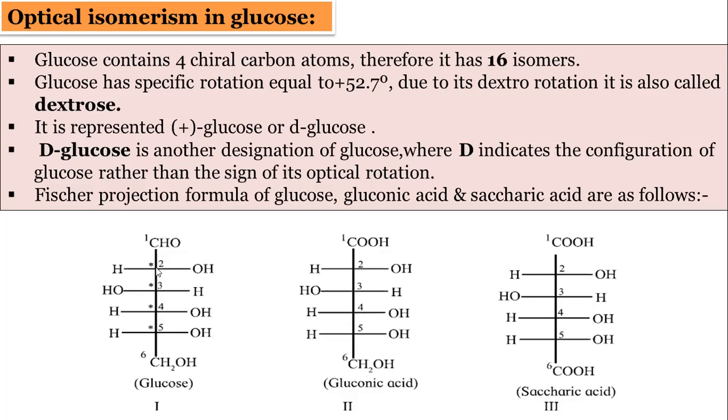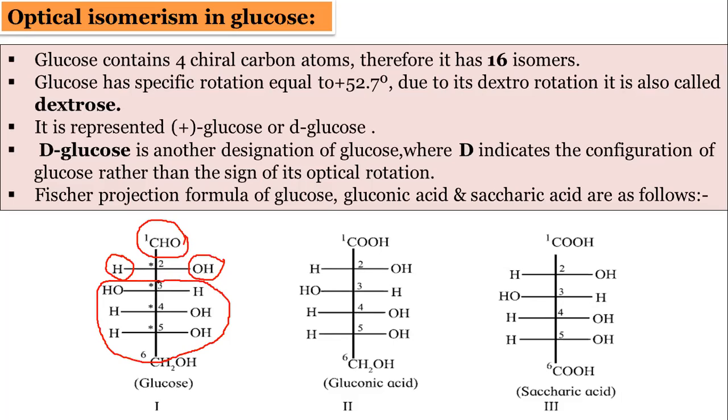I will show this. If this is considered as chiral carbon, this is a CHO. एक मिनिट. इकडे बघा. This is one different group. This is the second different group. This is the third different group. I am talking about this second carbon, and this is the entire fourth different group.